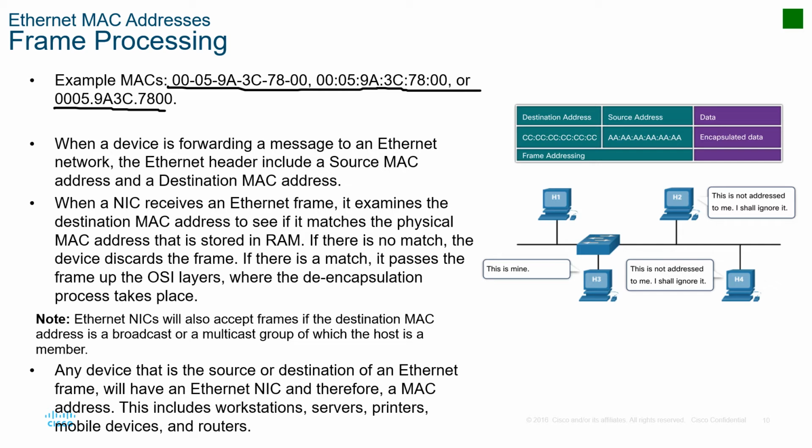In the Ethernet, for example, in this case, let's say H1 will send data to H3. The moment it sends to the cable, let's say the switch will forward it to all. We call it a broadcast. So meaning this data intended for H3, all of our computers will receive. H2 will receive that, H3 will receive that, also H4.